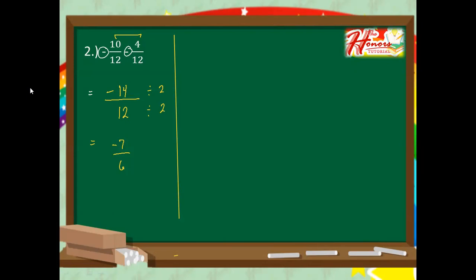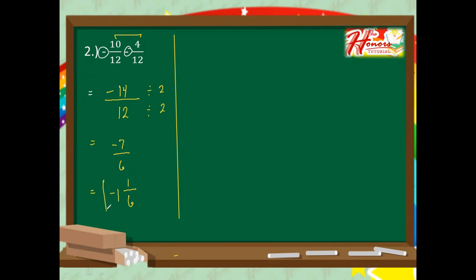So 7 divided by 6, that is 1. So we will have negative 1 here, and then the remainder is 1. Then copy the denominator, which is 6. Is this the final answer?